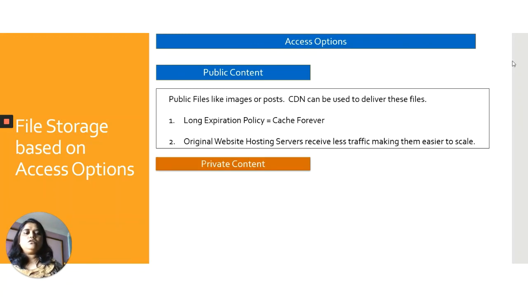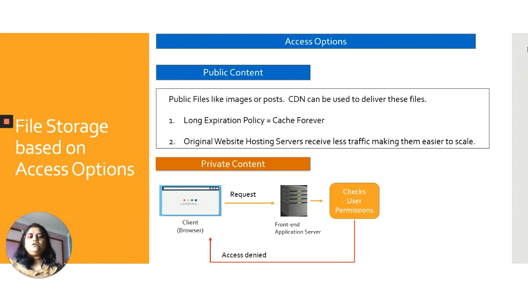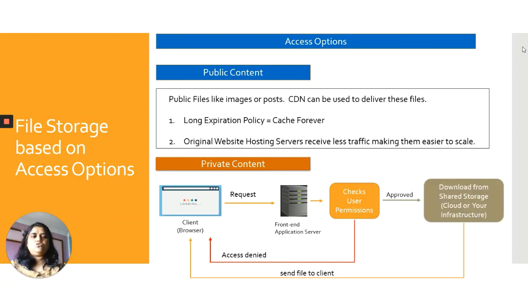Now the other content is your private content. How this goes through is your client sends a request to the application server. The application server will check the user permissions, whether the user is allowed to access that data. If not, it will just send back an access denied message or response.